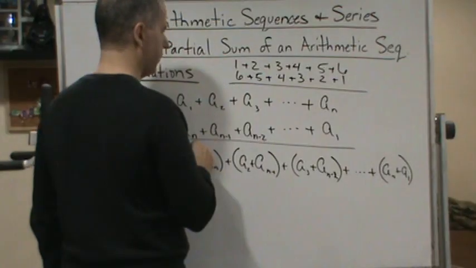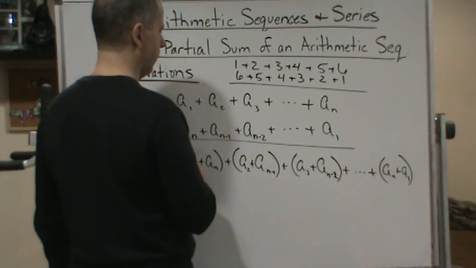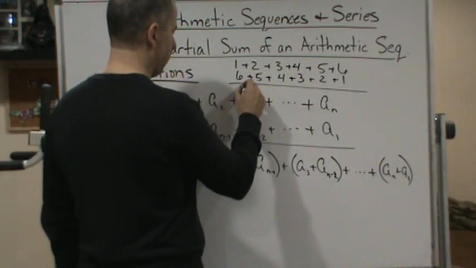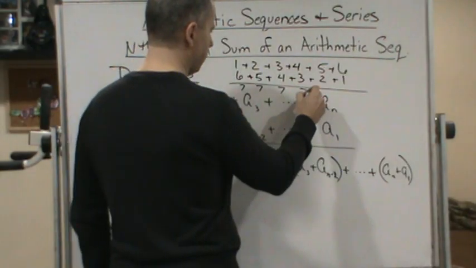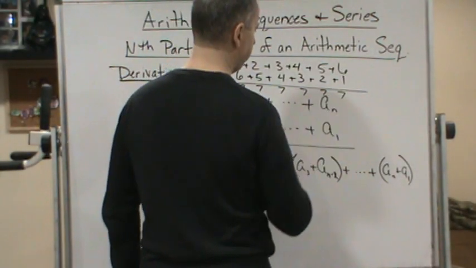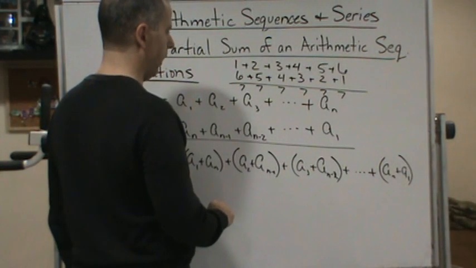So we're just adding those both ways, and these are all going to add up to 7. Right?